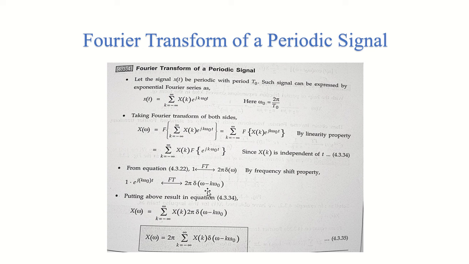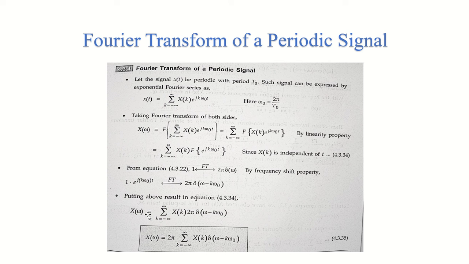And now what we will do, we will simply substitute the value we just found in the equation of x of omega, or the Fourier transform of x. So we will get summation k equals minus infinity to infinity x of k 2 pi delta omega minus k omega 0. Okay, and we can take this 2 pi outside of the summation sigma, and you can write it this way as well.